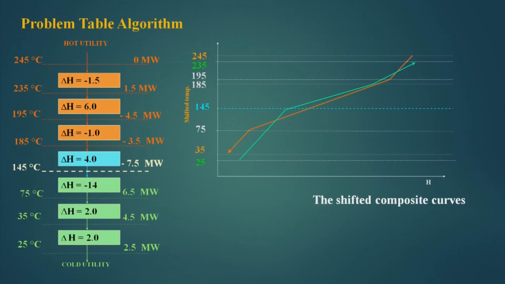here we see the hot composite curve and cold composite curve, and at this end they match, meaning that the hot utility demand is 0.